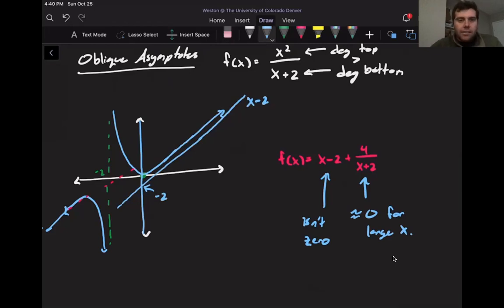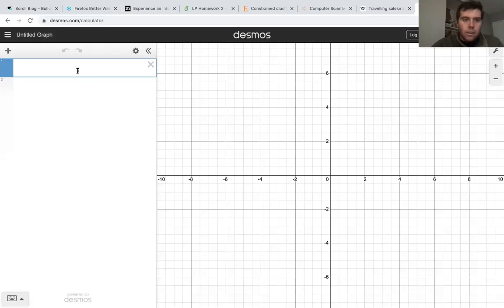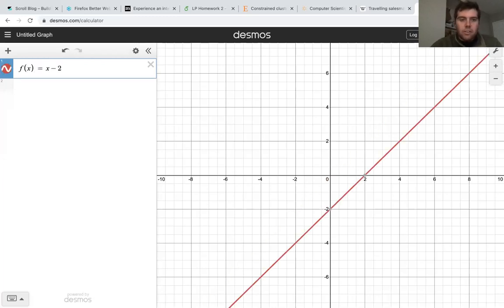All right, let's take a second to look in Desmos and get an idea of what is going on there, because I think that picture will be a little more illuminating. All right, I'm going to stop my share and then reshare with Chrome. All right, so we'll have f of x equals x minus 2. So there's x minus 2.